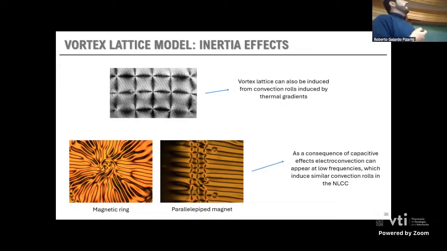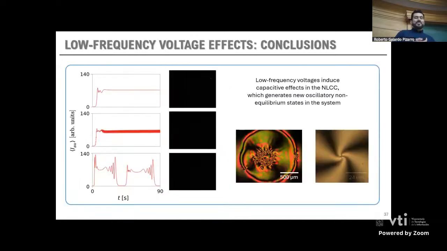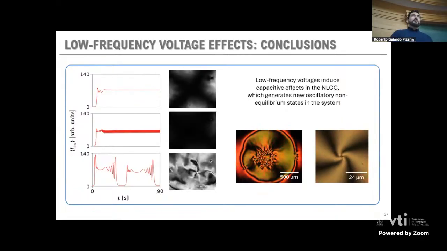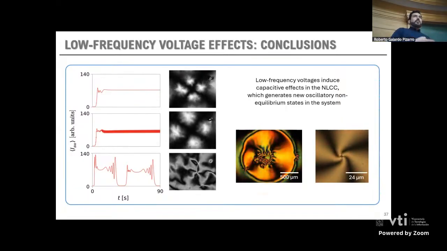So this suggests that maybe the convection rolls from the electroconvection are the main mechanism that can be generating these lattices. So, as a conclusion, low frequency voltage induces capacitive effects in the system and then induces non-equilibrium oscillatory states in the nematic liquid crystal set.